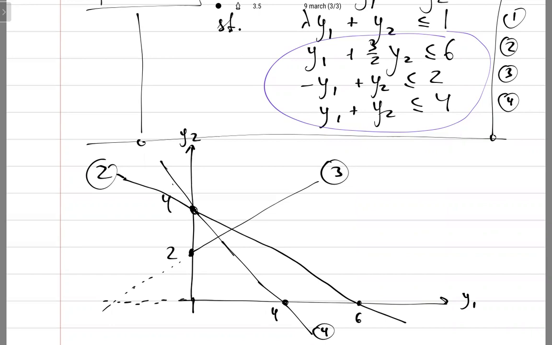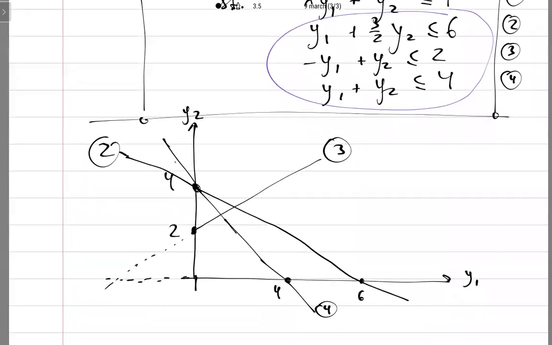When I change lambda, it will rotate my line. So I will find the point that is always on the line, the point which lambda rotates the line around.